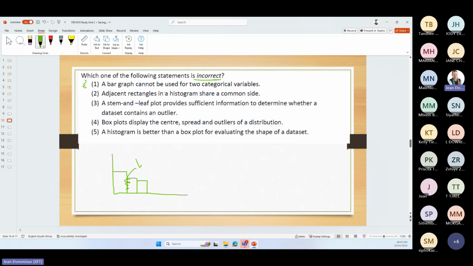Thanks for that, because as I say, it's more the English that is trying to catch you out than anything else. Adjacent means next to one another, so that is correct. We're looking for the incorrect one. A stem and leaf plot provides sufficient information to determine whether this data set contains an outlier.